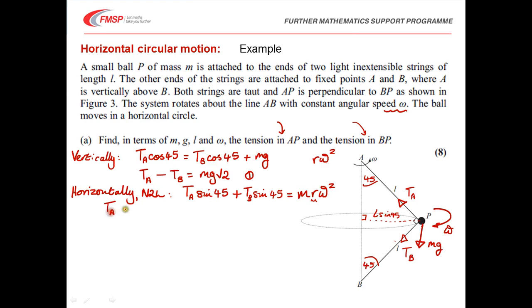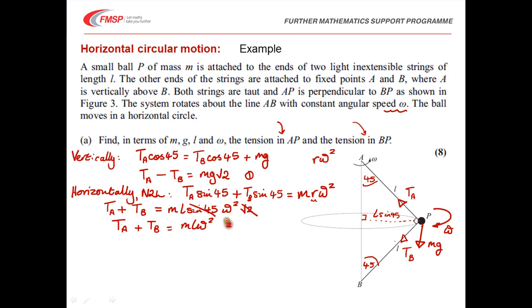So I've got TA plus TB this time. You can see now why I put the first equation into this format. And that's going to be mL sine 45 omega squared, and the sine 45 and the root 2 are going to cancel each other away, so I'm left with TA plus TB is mL omega squared.